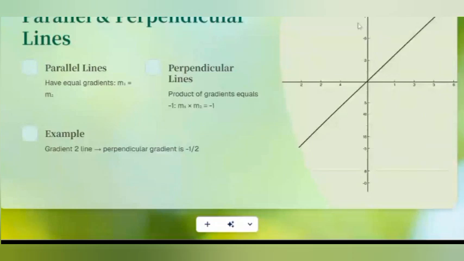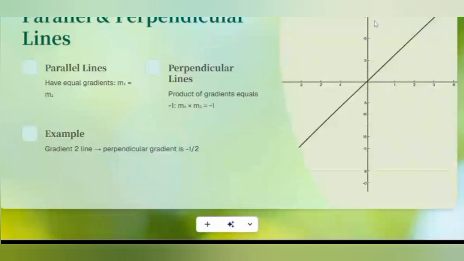So this other one can run like this, maybe passing somewhere between here and here, and then continue its own path. So two different paths, but they are parallel, and simply by virtue of being parallel, the property that relates both of them is that their gradients are the same. You can have as many parallel lines as possible, and each of them is going to have its own different equation.